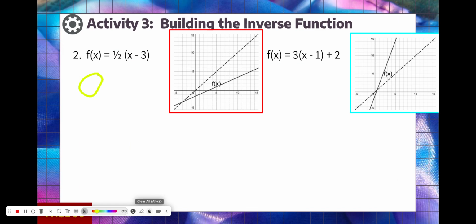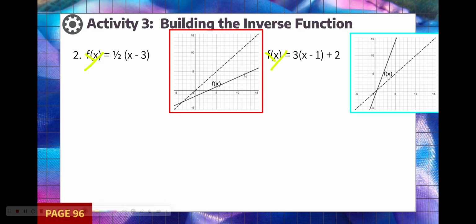Now, here is an example of an inverse function in a graph. If you're going to plug this in, I would love you to plug that in by changing the f of x to y, both of them. Now, if you plug that into Desmos, you'll see this equation on the right.